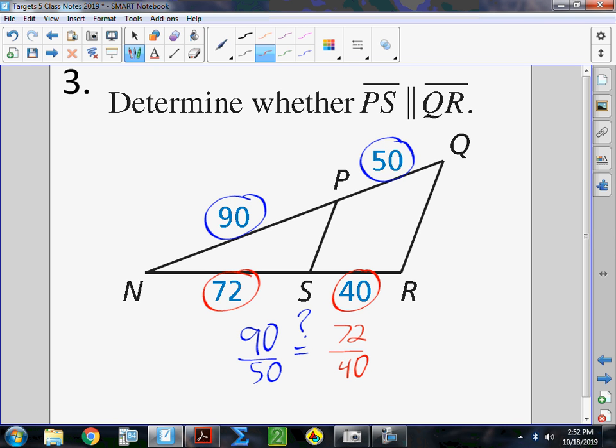So I can type those into my calculator as fractions and see that they both simplify to 9/5. 9/5 equals 9/5. I could also take those with the calculator and divide. 90 divided by 50 would be 1.8, and 72 divided by 40 is also 1.8. So yes, because they are proportional, it means that those segments are parallel.